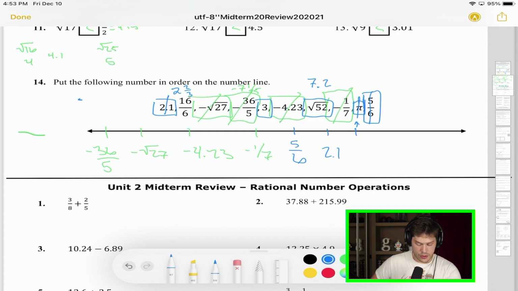So we have 2 2/3, or that was 16/6 if you need to leave it as that. And then we have pi. Oh, we have 3. I keep missing stuff. Okay, we have 3. Then we have pi. And then we have square root of 52.